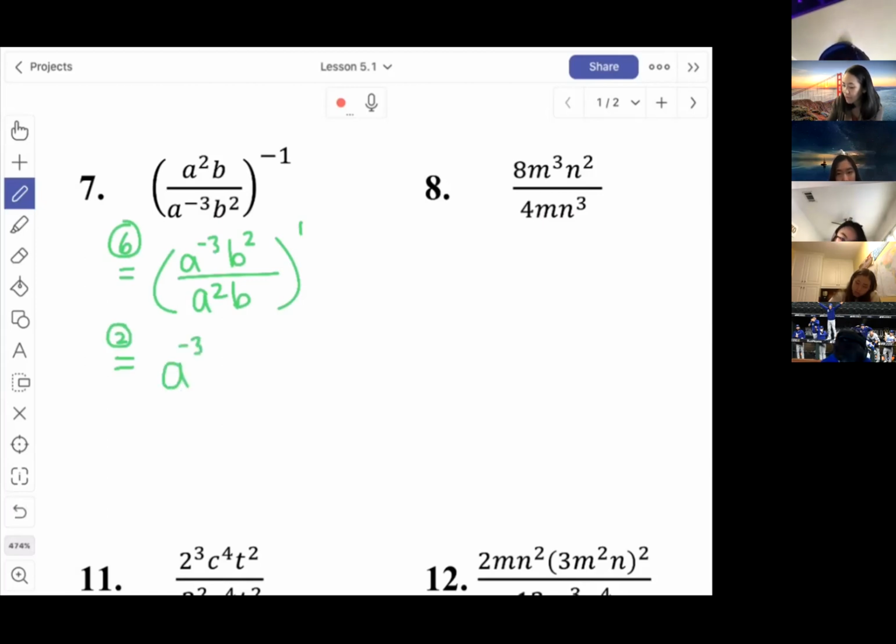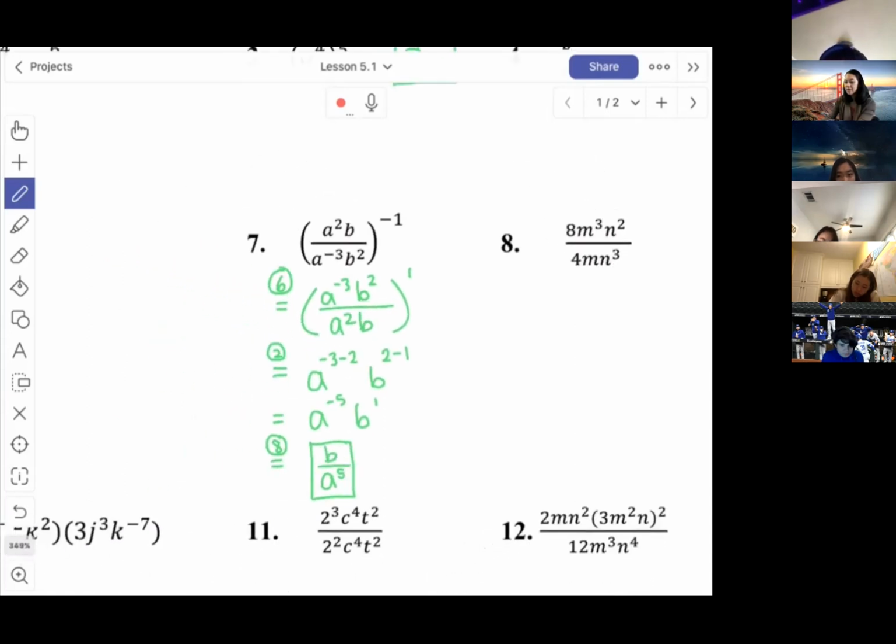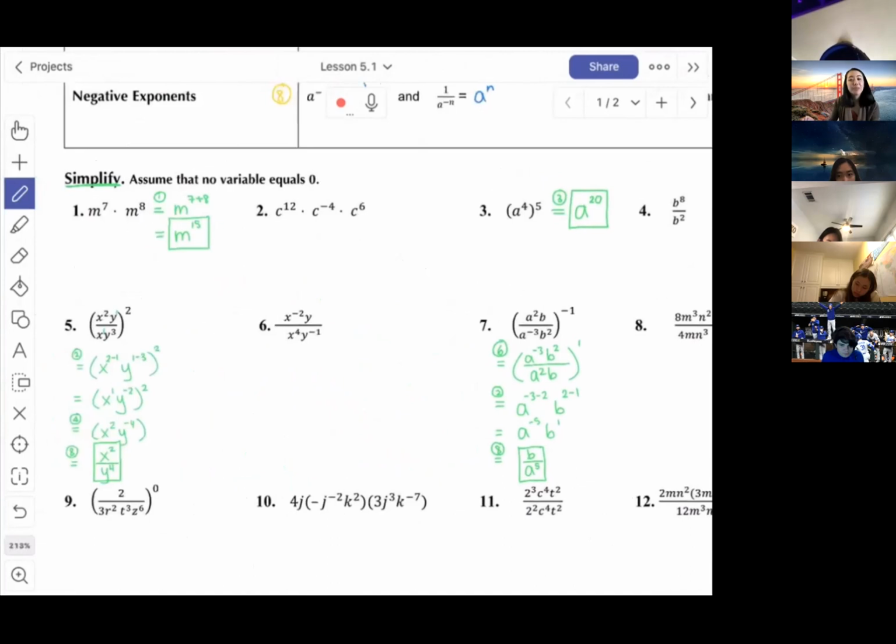So -3 minus 2 for the a base, and then b to the 2 minus 1. That gets me a to the -5 times b to the 1st. And that -5, property number 8, needs to be brought down to the denominator to make that exponent positive. So final answer, b over a to the 5th. And that was number 7.